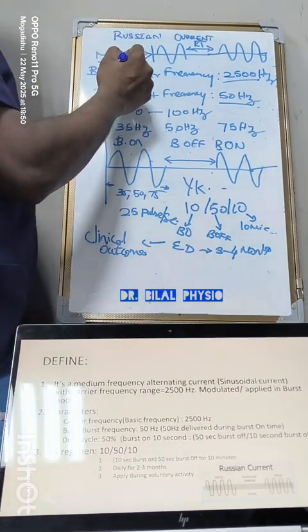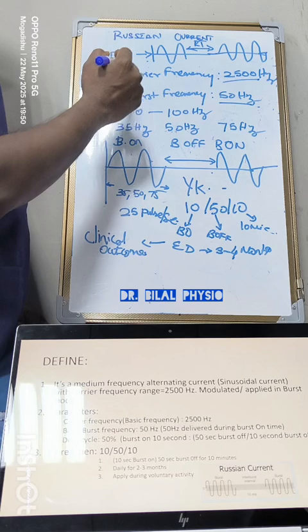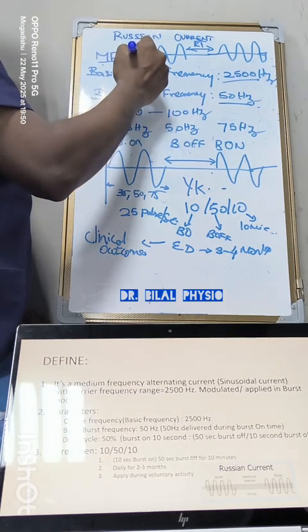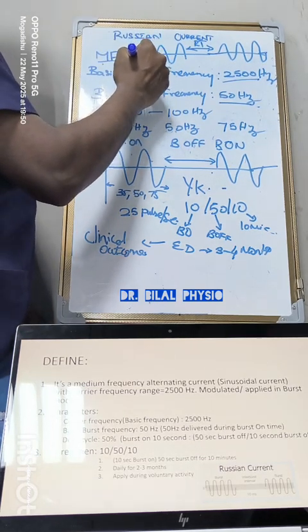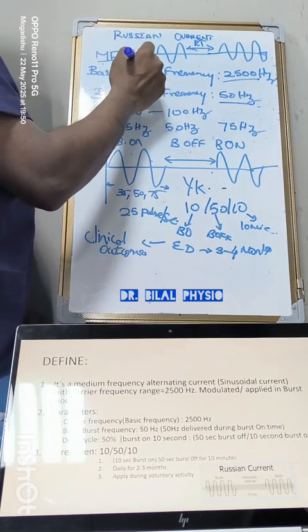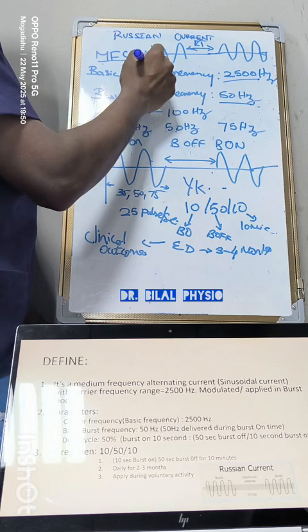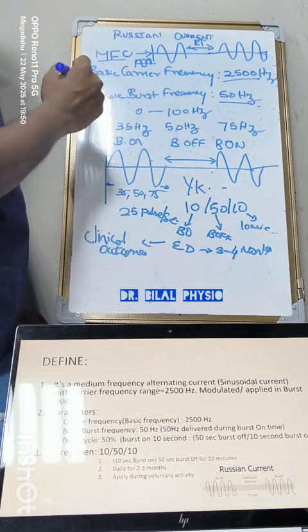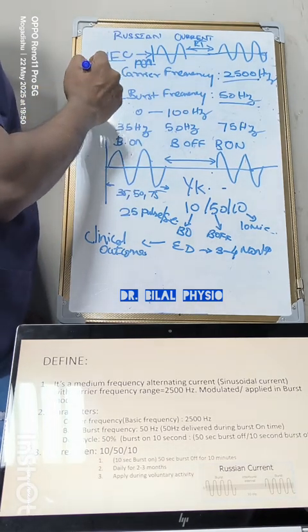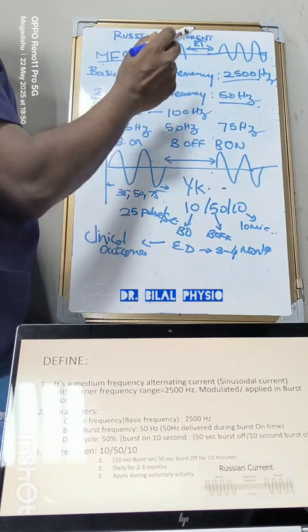So again, it's a medium frequency sinusoidal current, or alternating current, not direct current. Direct current has a waveform of only like this. The sinusoidal current will have a waveform of both sine wave, cos wave, again sine wave. It's a medium frequency current, so it falls under 1000 to 10,000 Hz.